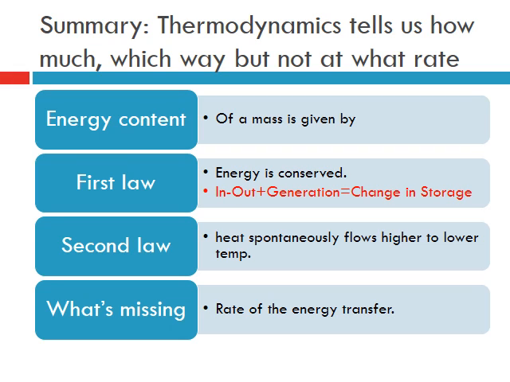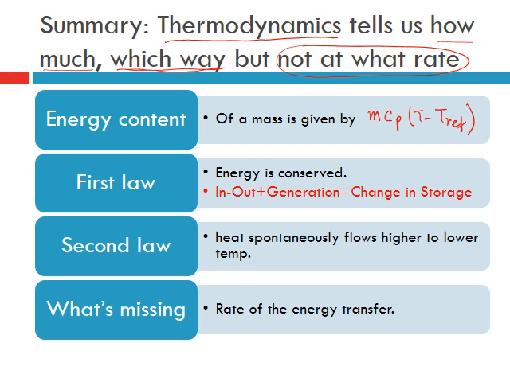So to summarize then, thermodynamics tells us how much energy is going to be transferred, which way it goes, from hot to cold, but not at what rate, not how long it will take. Energy content of a mass is given by m Cp (T minus Tref).